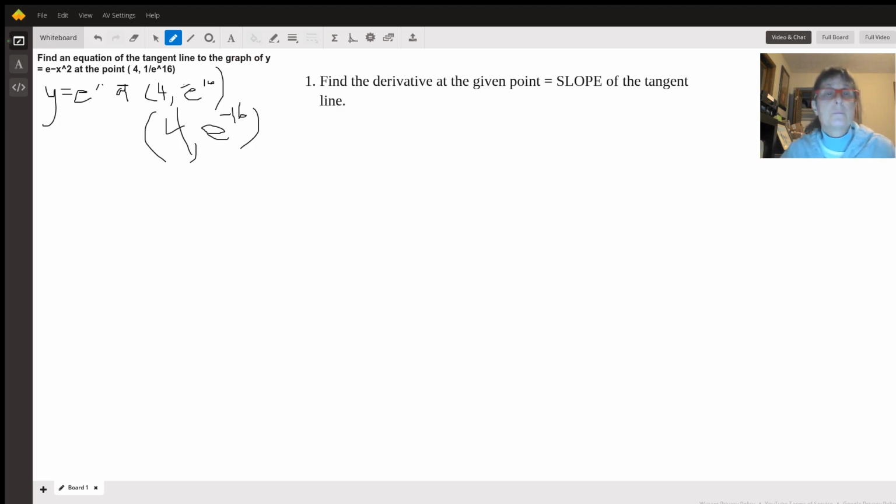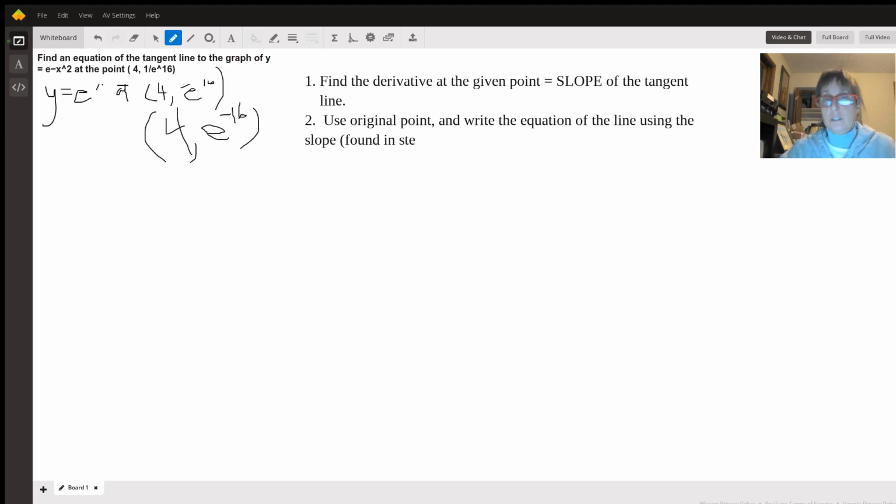Then you need to use the original point and write the equation of the line using the slope that you found in step 1 and the point.